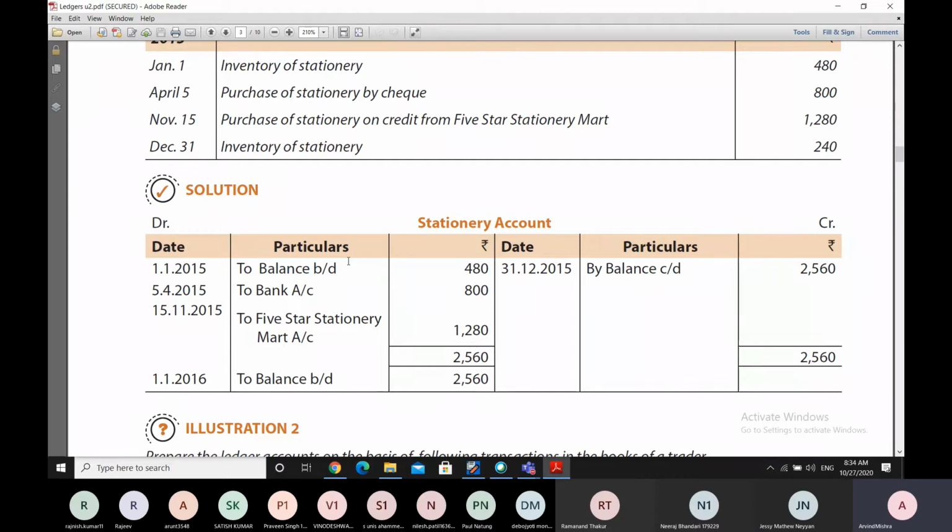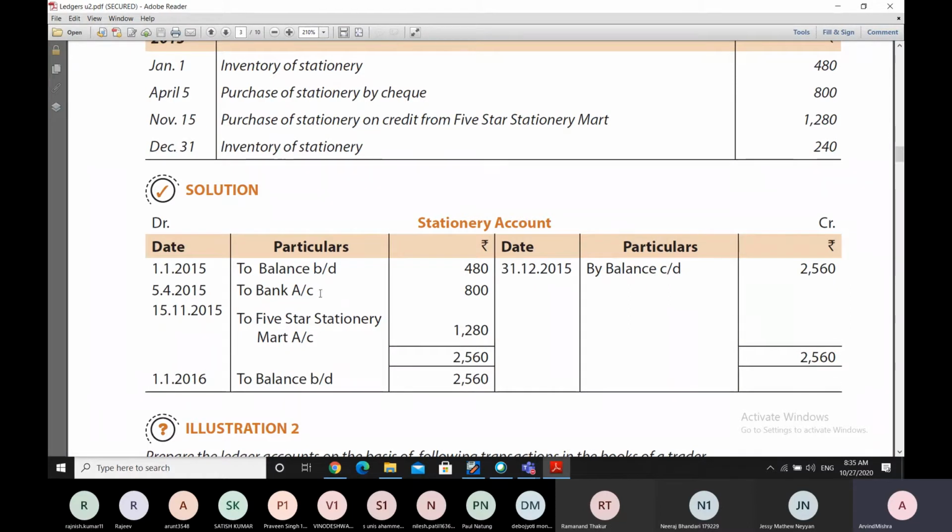So if the journal entry was supposed to be made here for this transaction of 5th April, the journal entry would say stationery account debit 800. So we are debiting stationery account. While debiting stationery account, what we mean to say is that we are writing this entry on the debit side of the stationery account.